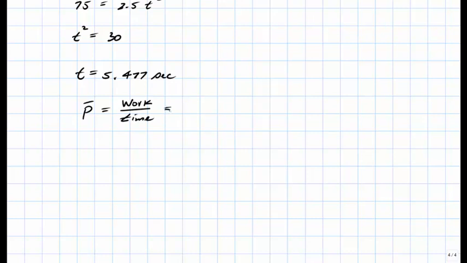The work that we calculated in part B was equal to 891,000 joules, and we just calculated a time of 5.477, and so the average power for this engine equals 1.627 times 10 to the 5th, and of course the units for power are watts.